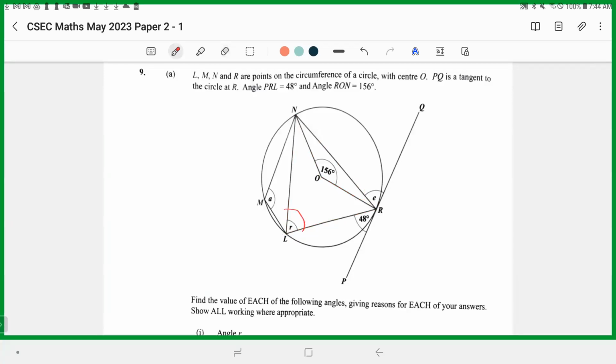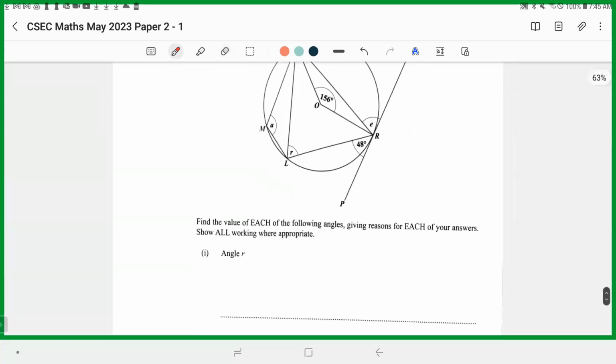This angle over here is half of this one, because the angle at the center is twice the angle at the circumference. So simply, angle R is equal to half of 156 degrees, which is 78 degrees. So angle R is 78 degrees.